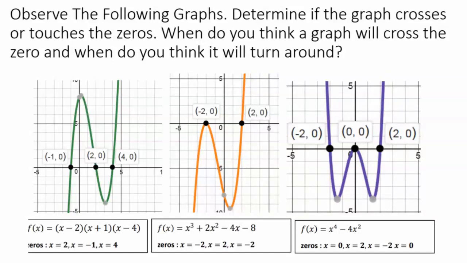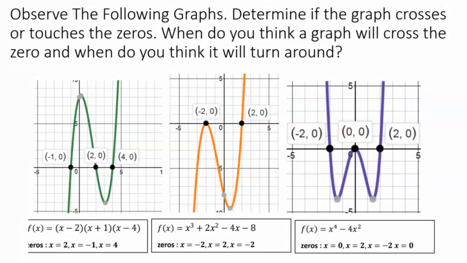The first example here, the one in green, is a graph crossing the x-axis at -1. It crosses the x-axis again completely at 2, and it crosses the x-axis at 4. So this graph completely crossed the x-axis.